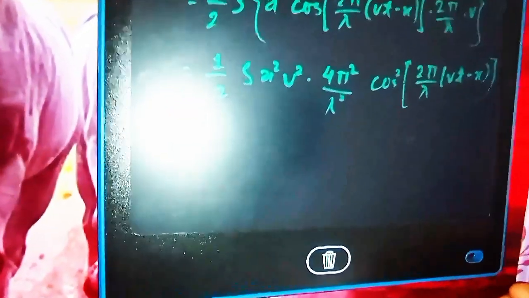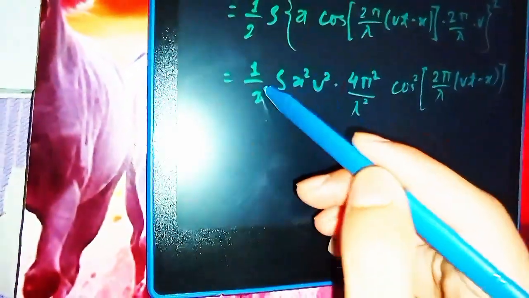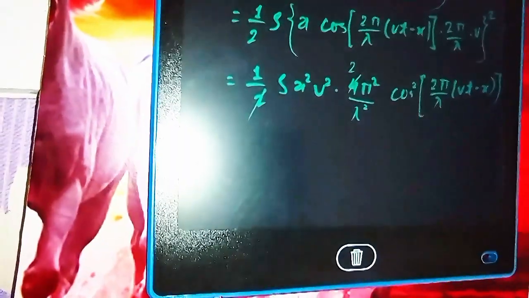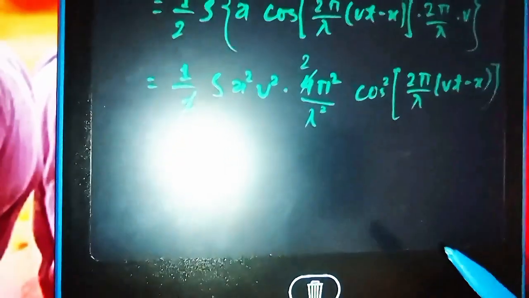Now I think something will be cancelled out, like 2 times 2 is 4, so it gets cancelled out.